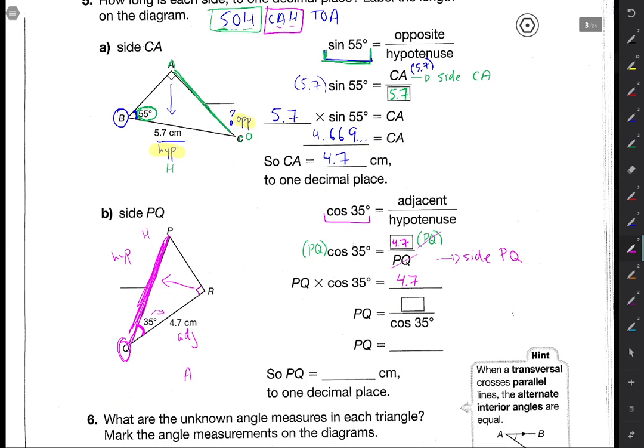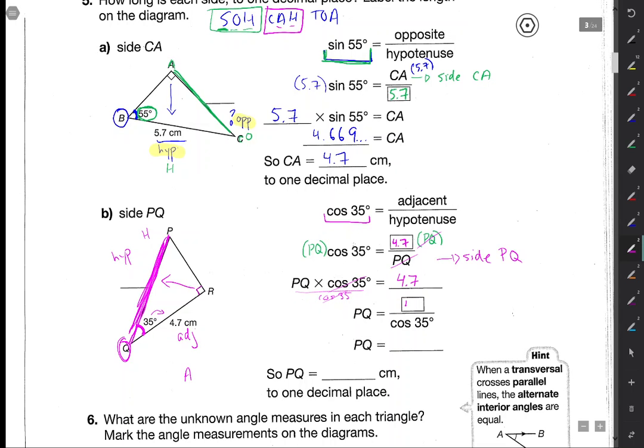So now we still need to get the PQ all by itself, but we have it multiplying the cos of 35. So then, in order to cancel out multiplying of cos of 35, we need to divide by the cos of 35 on both sides of the equal sign. So we divide this side by the cos of 35, which cancels that out.